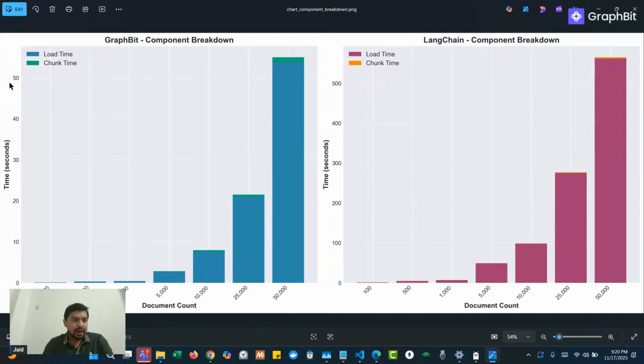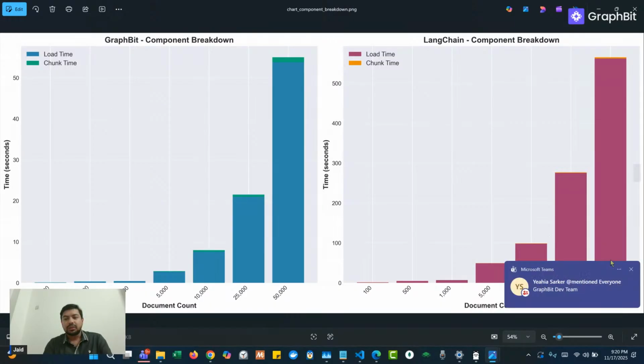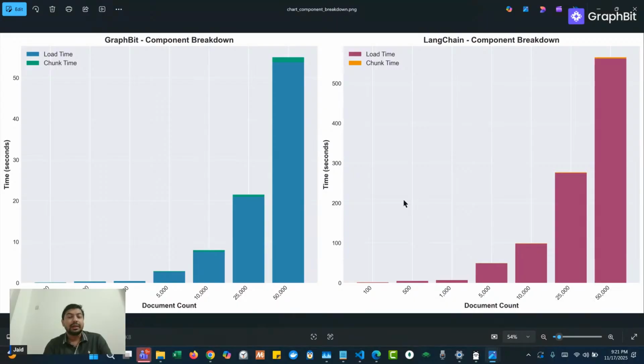You can see that the time taken for GraphBit is at max 50 seconds, but for LangChain it takes over 500 seconds at max. The differentiator is that LangChain takes about 10 times more to process all these documents.